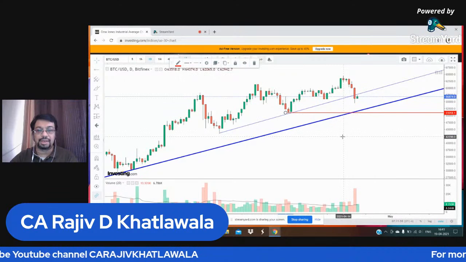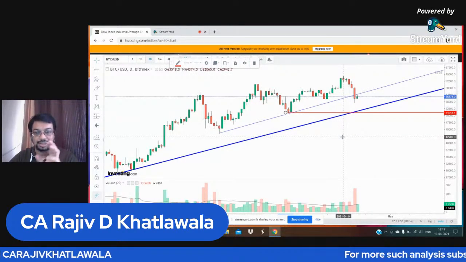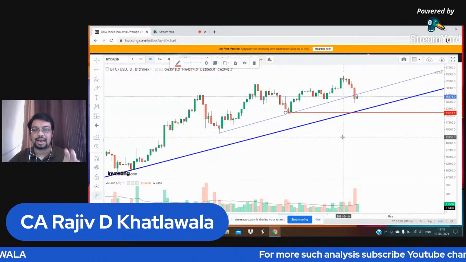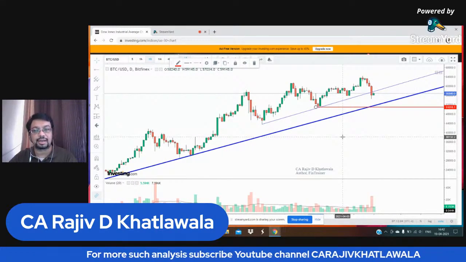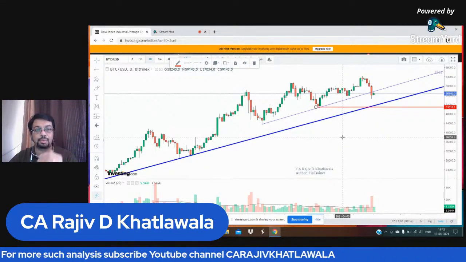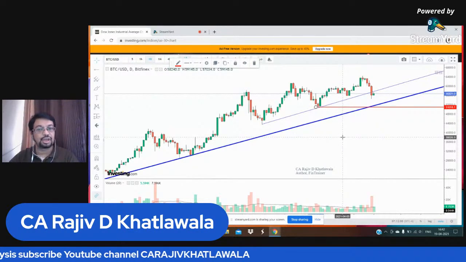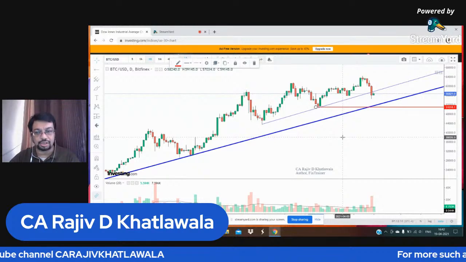So this is how we will evaluate the basic trend. By drawing trend lines, we try to understand where the support and the resistance are. This we can do for any stock.